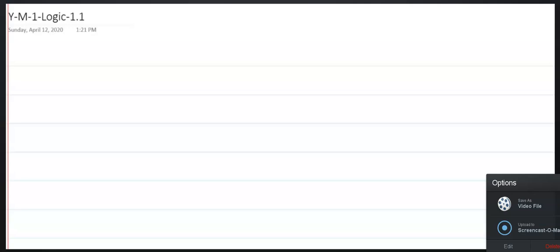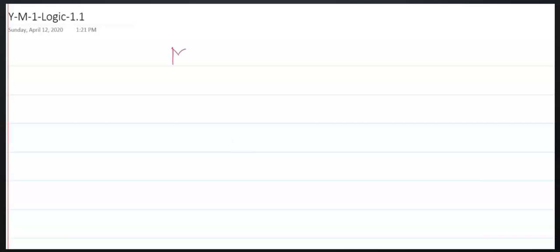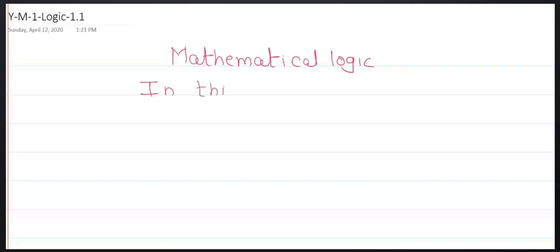Now let us start the mathematical logic. In this chapter, we will study what is a statement and its truth value.